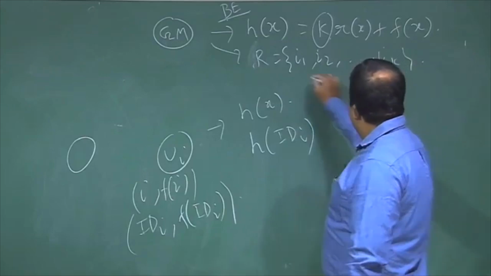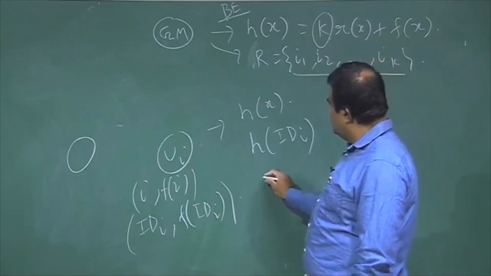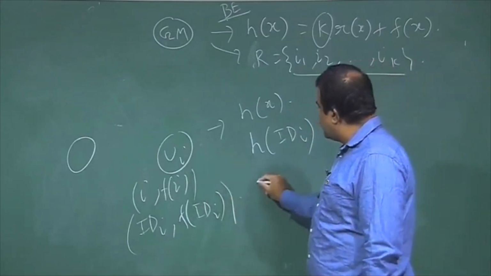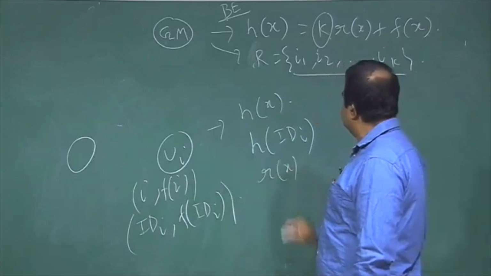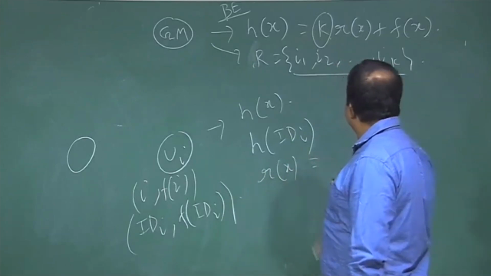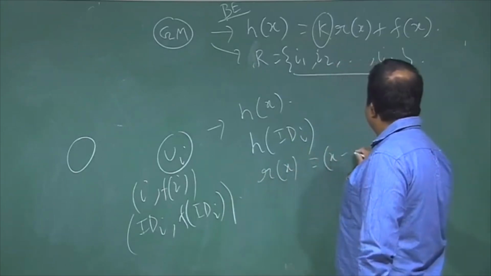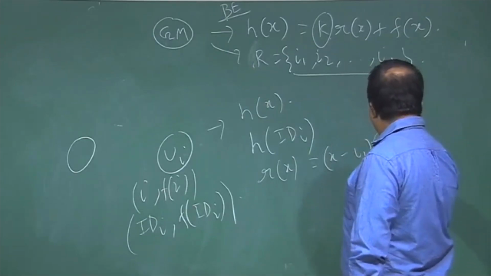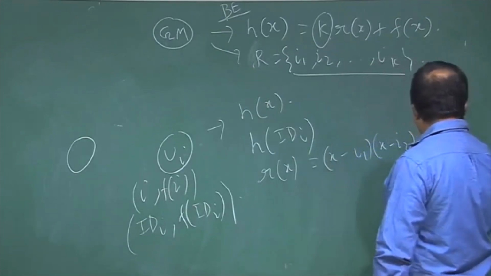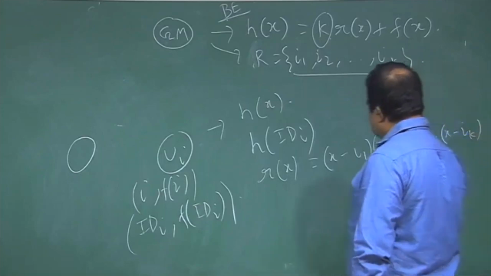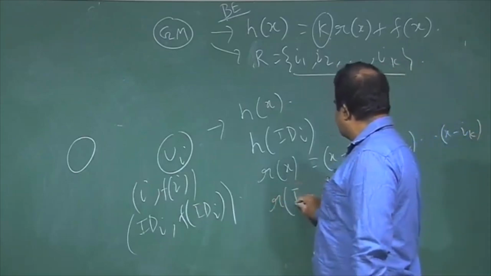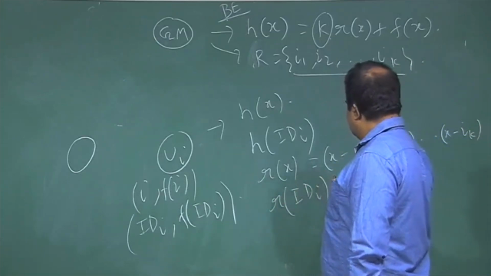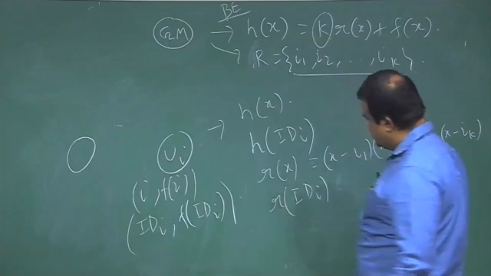From here, this user U_i can compute r of x, which is basically (x minus I1)(x minus I2)...(x minus Ik). So basically it can compute r of the ID of this user.